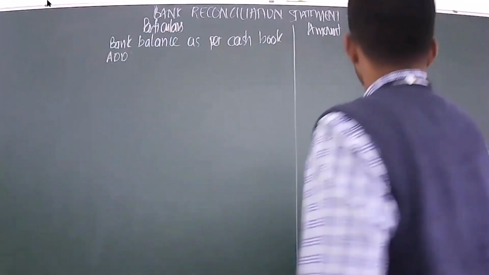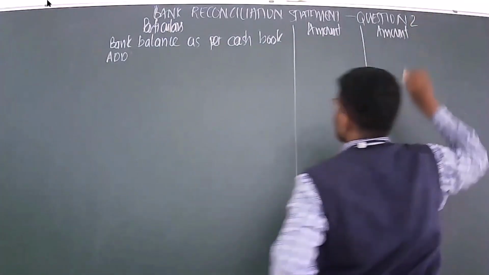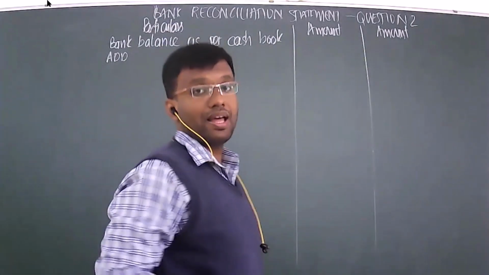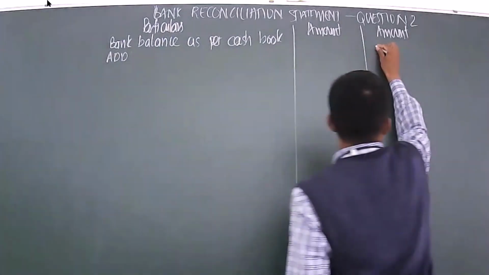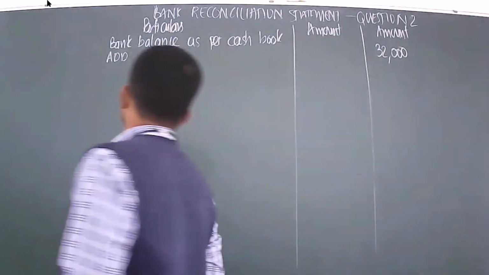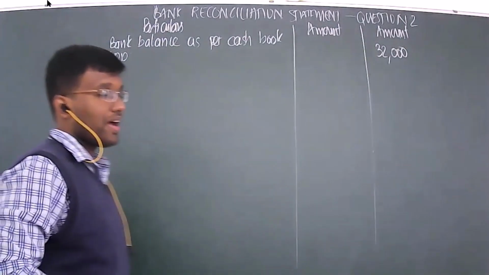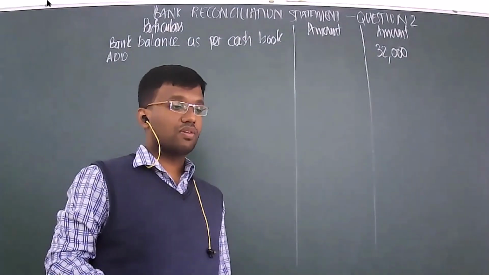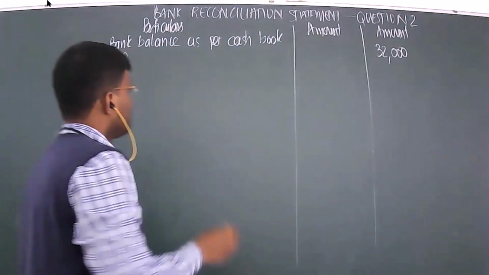Okay, let's focus on the second question. We've been given the bank balance as per cash book, and according to the question, the bank balance as per cash book is 32,000. Now there are some transactions that we have to add, and there are some transactions that we have to subtract. So which are the transactions that we have to add?